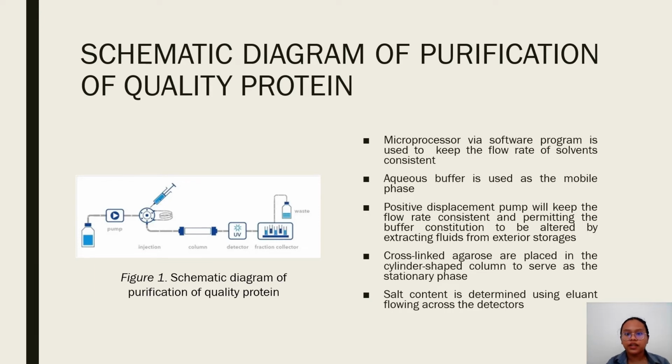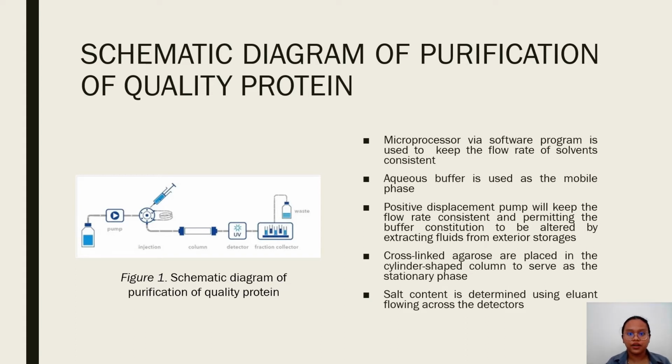Beads, normally cross-linked agarose, are put into a cylinder-shaped column to serve as a stationary phase. The eluent is flowing across the detector, which determines salt content via conductivity and concentrations of protein via UV light absorption at a wavelength of 280 nanometers.